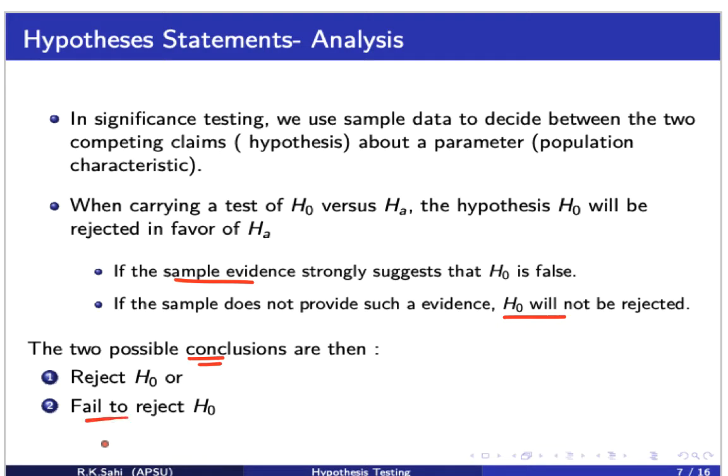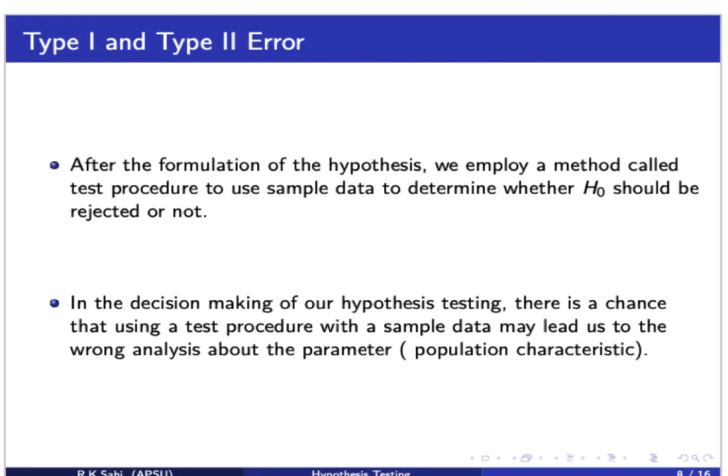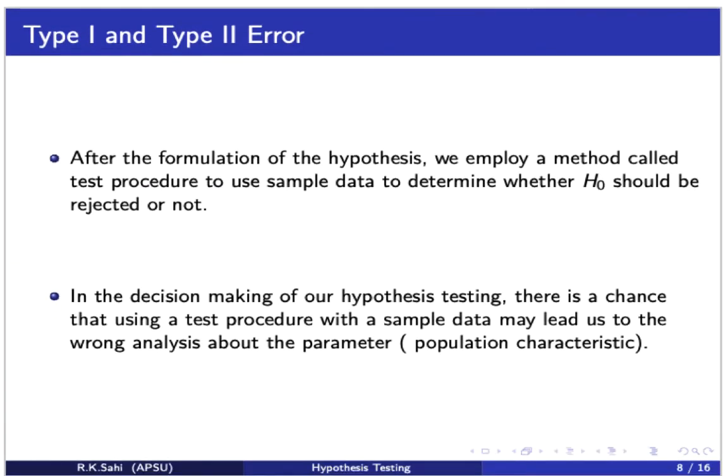Okay, now when we are making our analysis, definitely errors can crop up, and these are two kinds of errors, and those are called type 1 and type 2 errors. So we test our sample data, and the main idea is whether the null hypothesis should be rejected or should fail to be rejected.